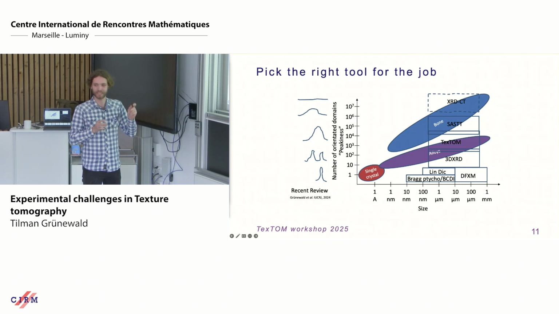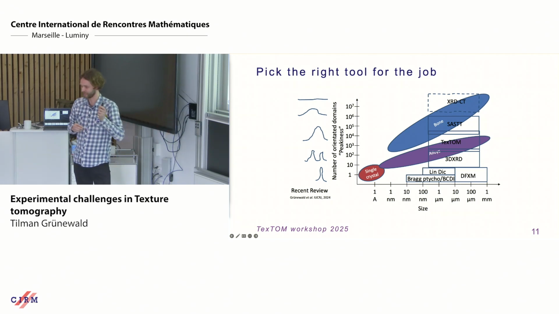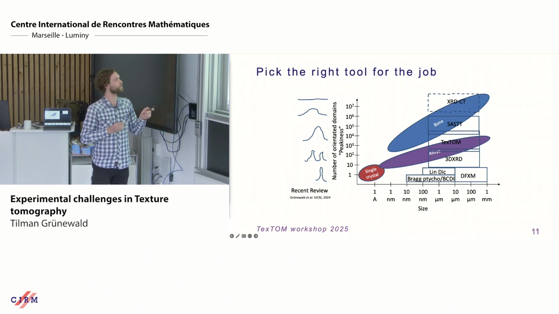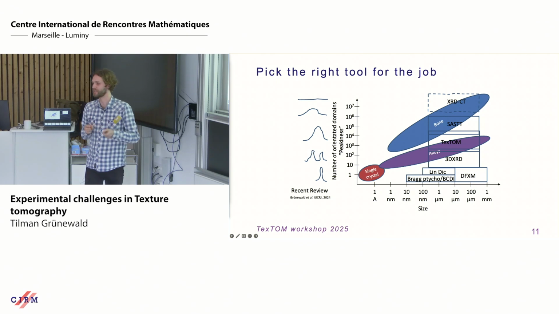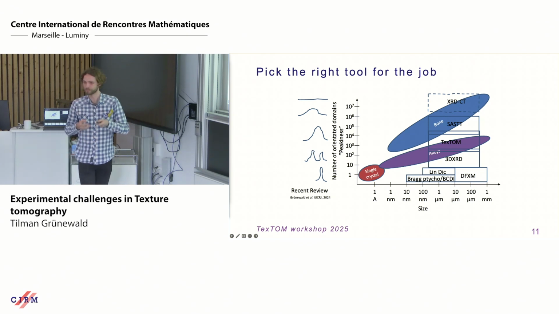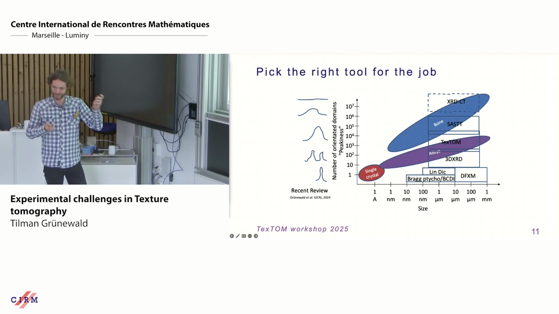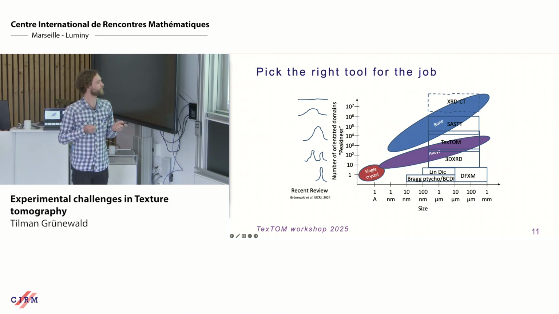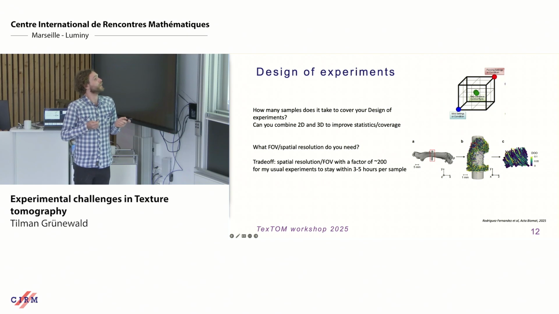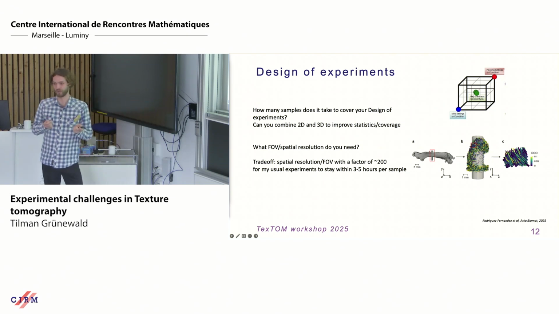And it's not orientation sensitive, but it's a very valuable tool in the toolbox too: XRD-CT to look at average crystalline properties. So it's really important to pick the right set of techniques for what you want to do, and then design your experiment accordingly.